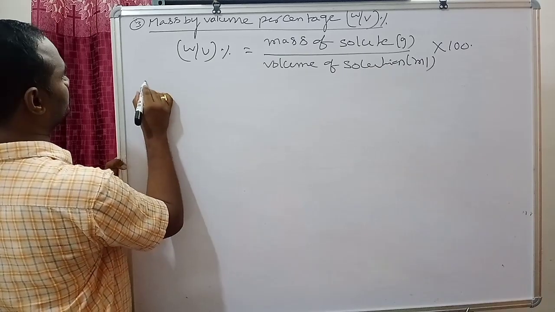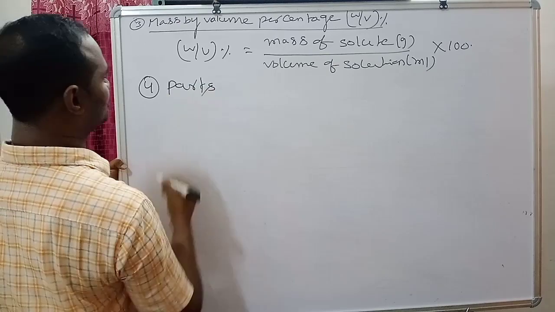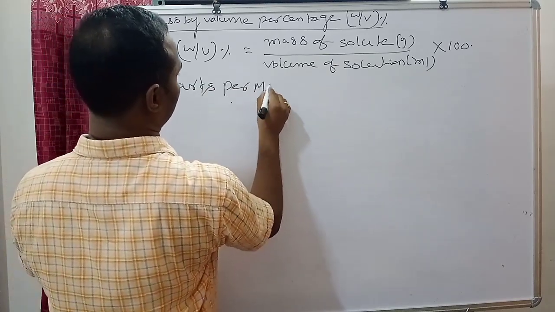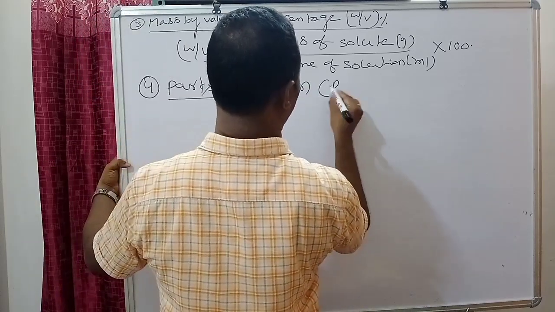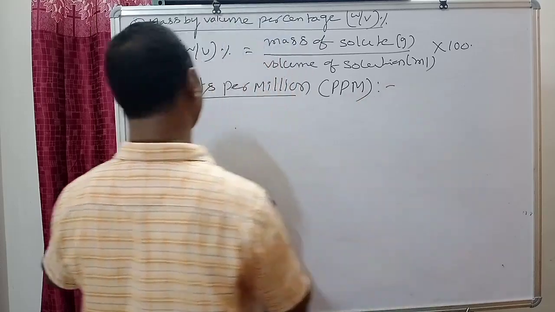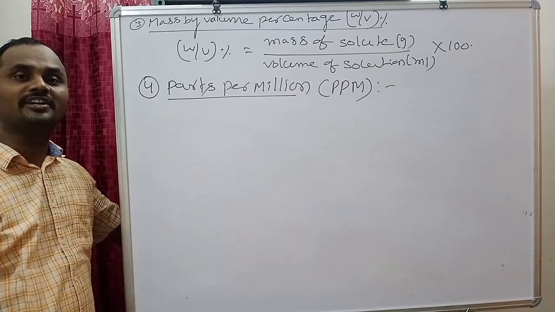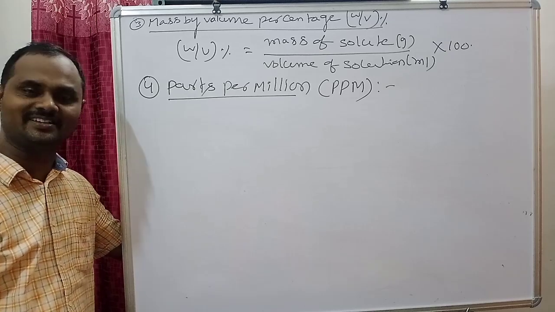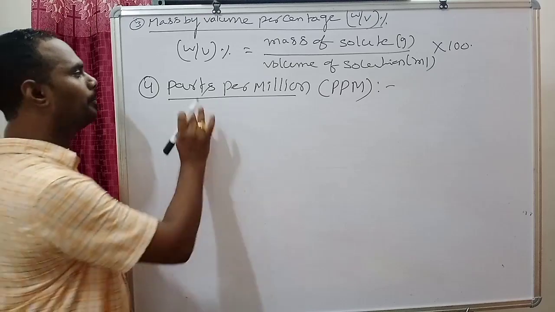Next one, parts per million. Simply we can show ppm. When a very small or trace quantity of solute is present in a solution, to express its concentration we use parts per million.